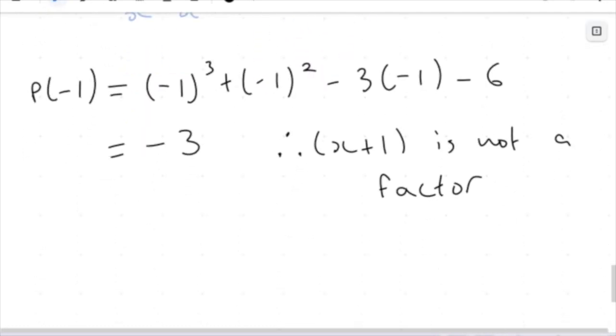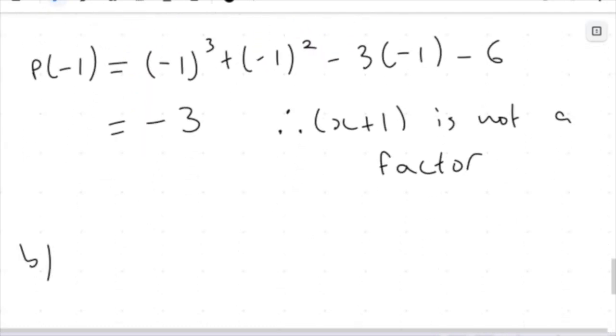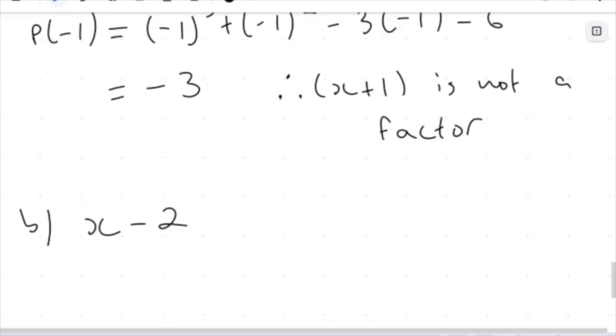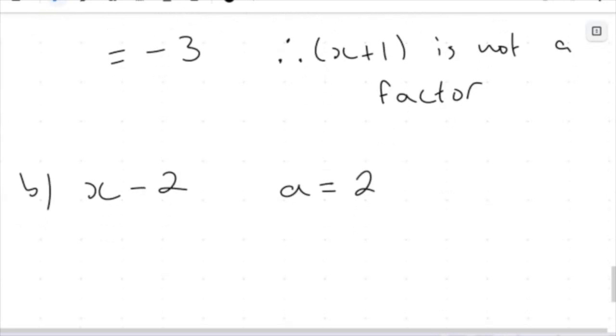Okay. Let's check another example. Let's check x minus 2. Similar to before, because these are in the form of x minus a, here a is going to equal 2. So I want to test p of 2. I'm going to put my input of 2 in everywhere I see an x.